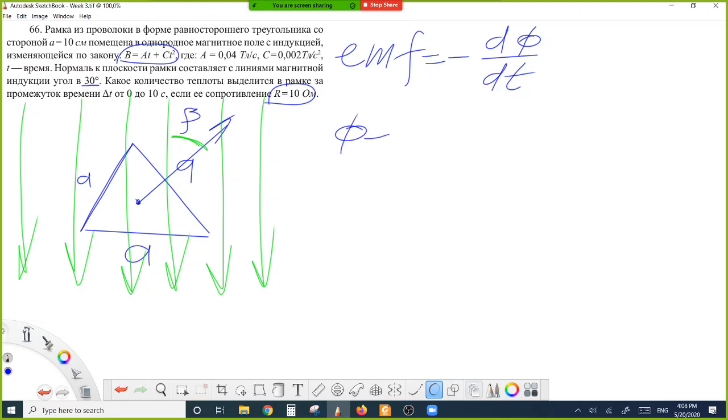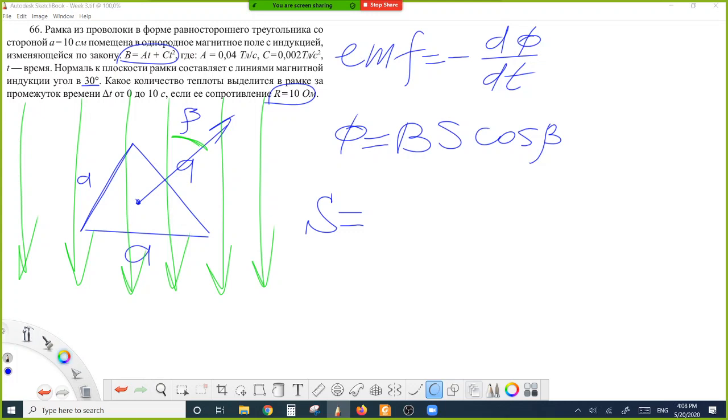So magnetic flux through our loop is B S cosine beta. So B is given, cosine beta is given, so we need to find S.